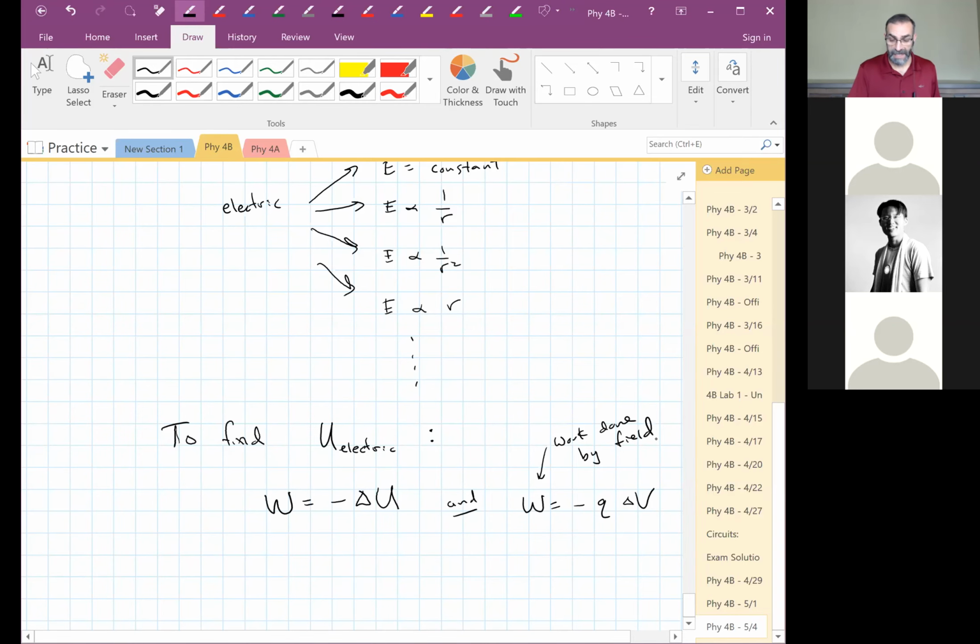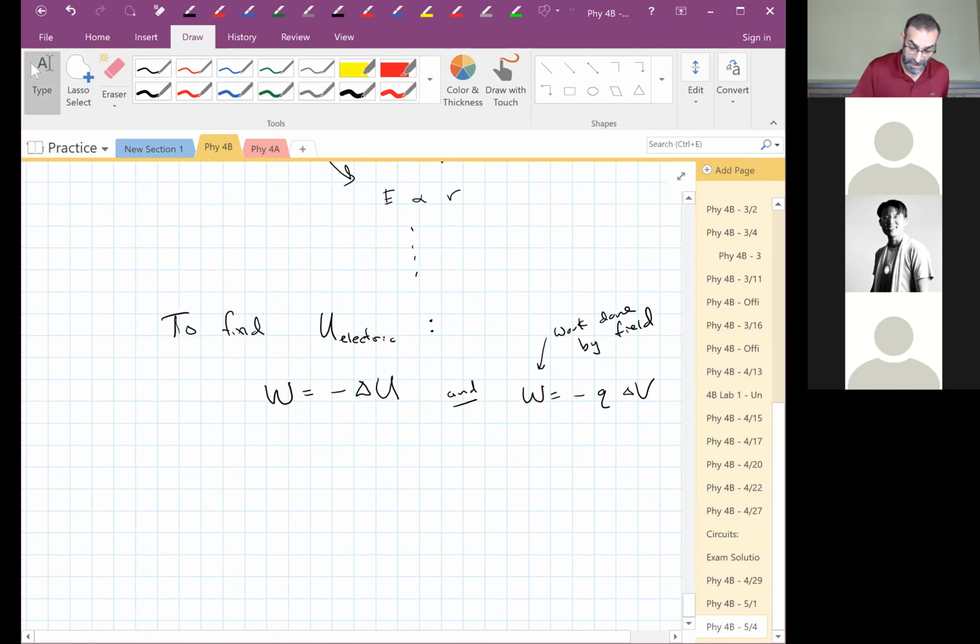There's a minus sign in that equation when it's the work done by the field. And so we use these two equations and we come up with it that way. That's how we get electric potential energy in our situations. So let's think about potential energy for a second.